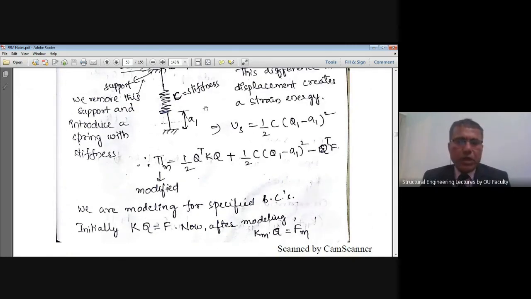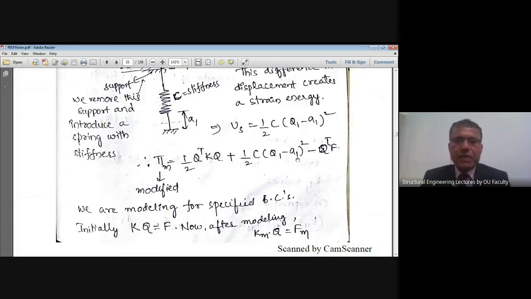But now I have a penalty in the form of the stiffness of this spring, because of which this much strain energy comes into the picture. Hence, the modified strain energy is the original strain energy of the structure plus the strain energy because of the relative displacement, half C (Q1 minus A1) whole square. The summation of these two is the total strain energy plus work potential.